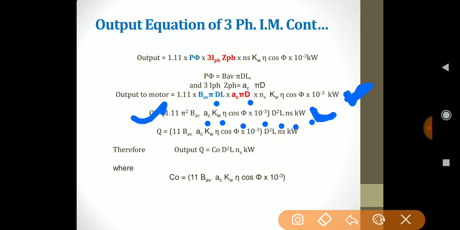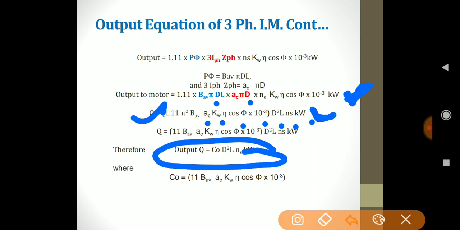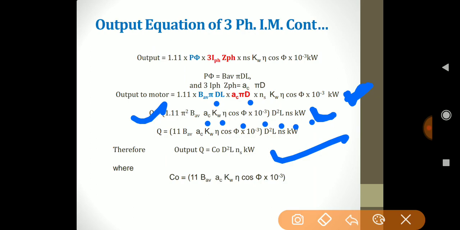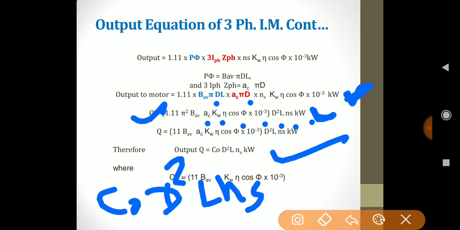If we rearrange the terms, I have written it as C0. You have to look at this. I have written this finally as C0 D square L Ns. C0 is nothing but the combination of all the terms present in this bracket.